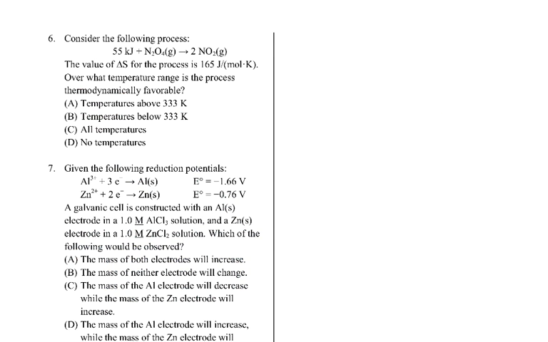Okay, number 6. Consider the following process. The value of delta S for the process is 165. Over what temperature range is the process thermodynamically favorable? Well, we can see here that delta H is 55 kilojoules, and delta S is 165.